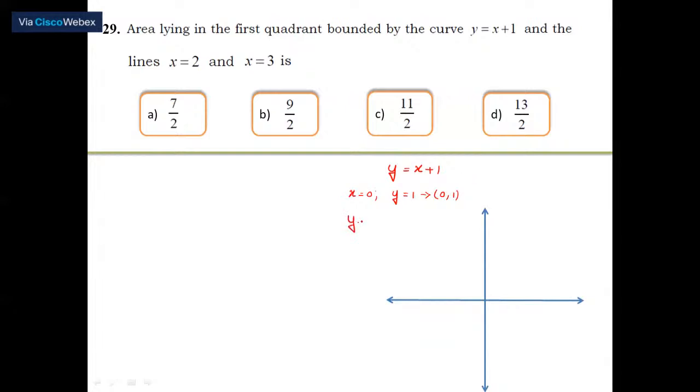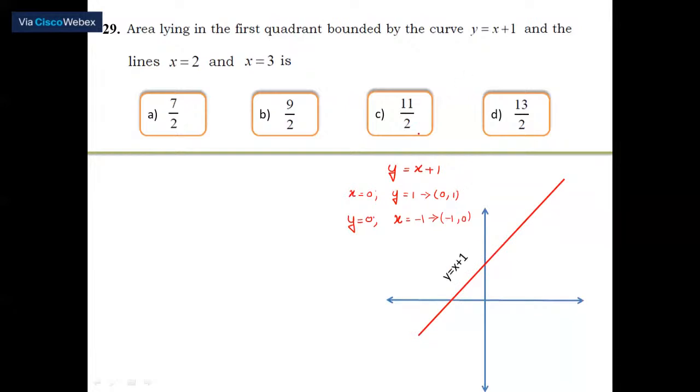To find out the point on x-axis, consider y as 0. So we are going to get the value of x as minus 1. So the point on our x-axis is minus 1, 0. And this equation y is equal to x plus 1 is the straight line joining the points minus 1, 0 and 0, 1.